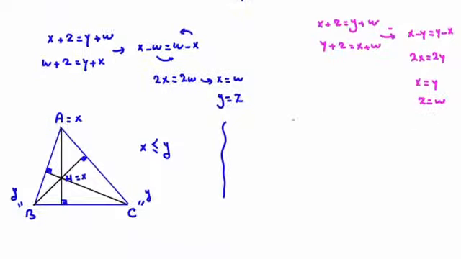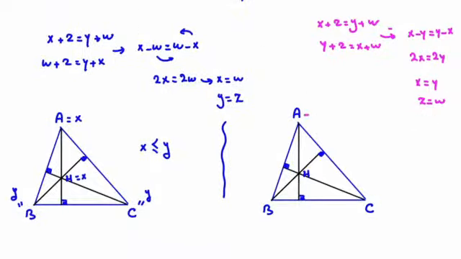So if we draw the triangle, here we can say A is X, B is also X, so C is Z, and H is also Z. So in this case, as you can see, two of the vertices are always equal, and the orthocenter equals the last one.